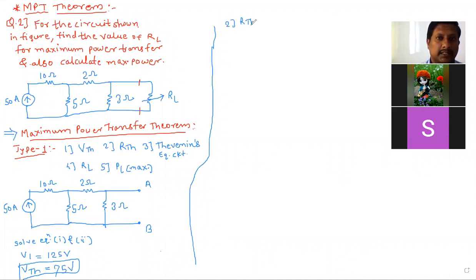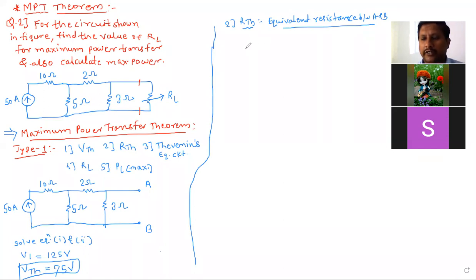So RTH is nothing but what? Equivalent resistance between A and B. While finding that, if any ideal current source is there, you can make it open. If an ideal voltage source is there, you can make it short.